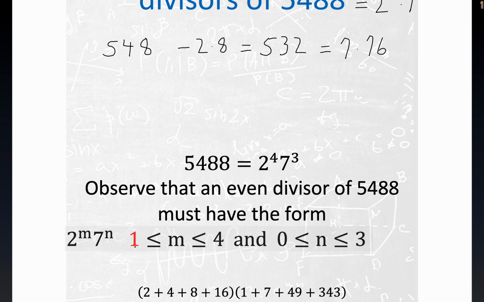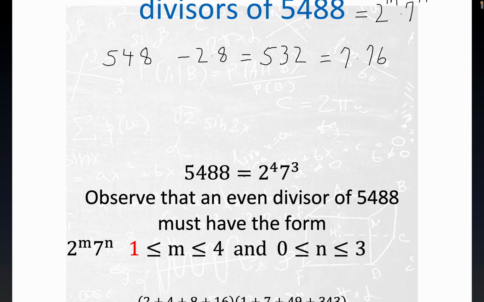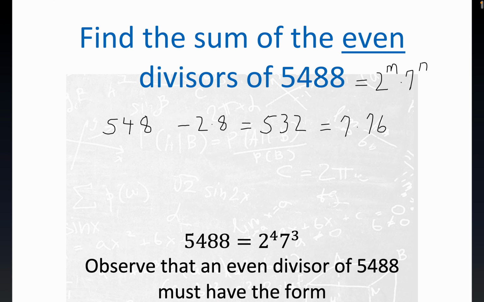Now, we can be systematic right here. We have to exclude m equals 0 for 2, because if m were equal to 0, that would be 1 times odd numbers, and we're trying to find the sum of the even divisors. Let me be more specific.